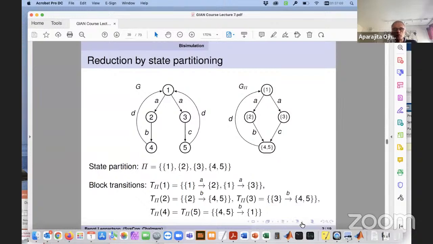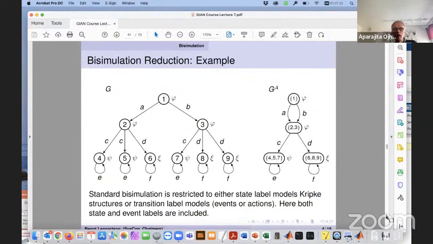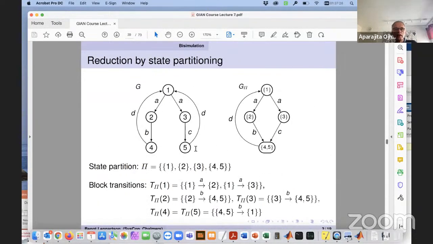So if you see block state to another block state, it generates this, but with the pre-assumption that for every x and x prime, you also have a transition in the original system. So for instance, from 4 and 5, there should be a transition to state 1.